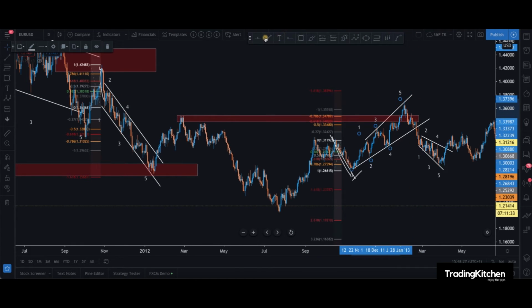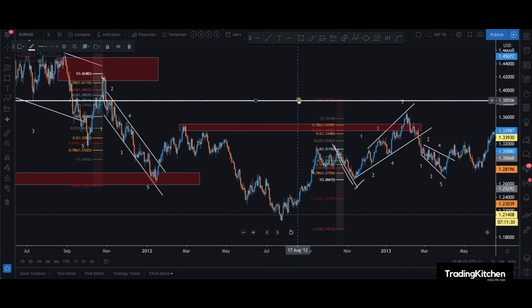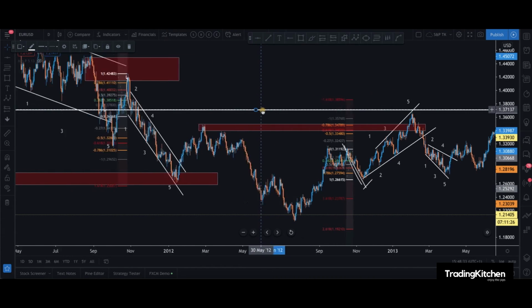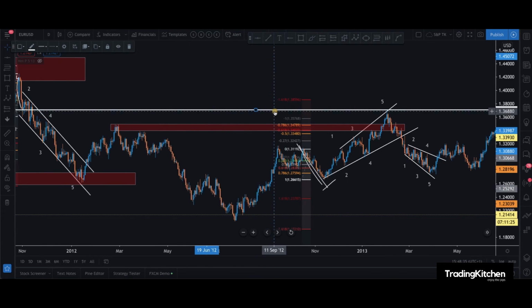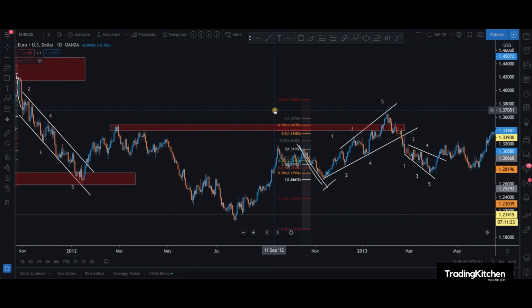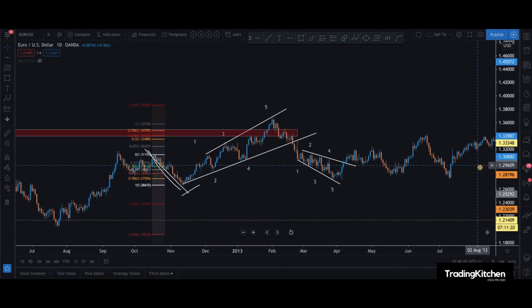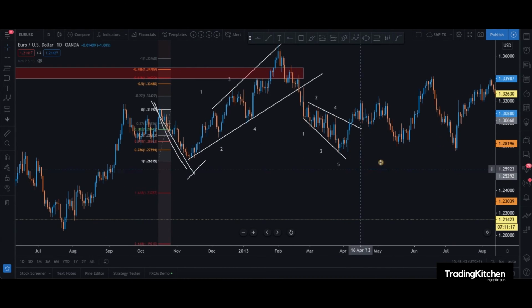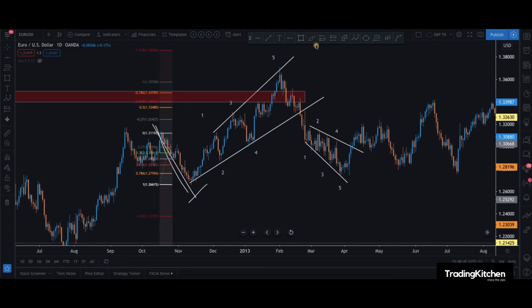Let me see why here, because it's not so clear. I don't know. The market is stronger than us. This is what we always have to keep in mind.